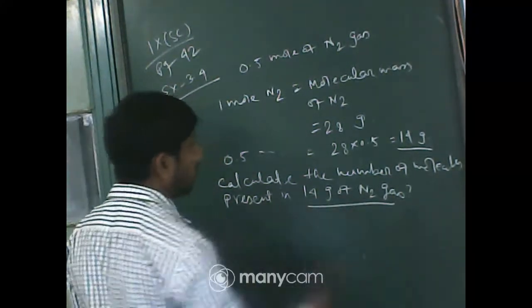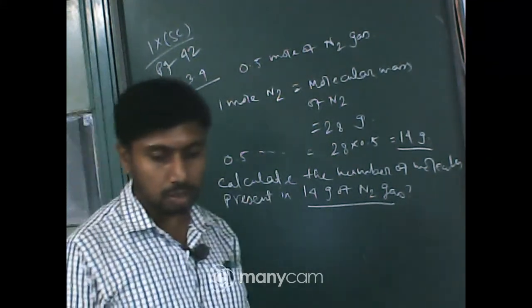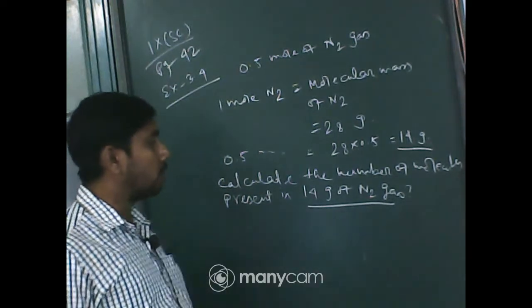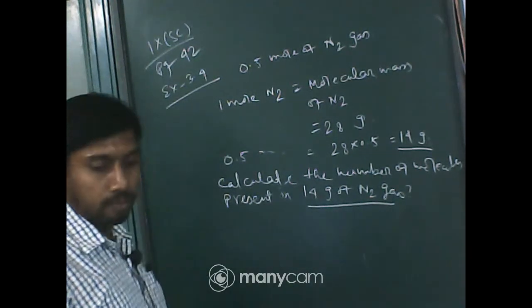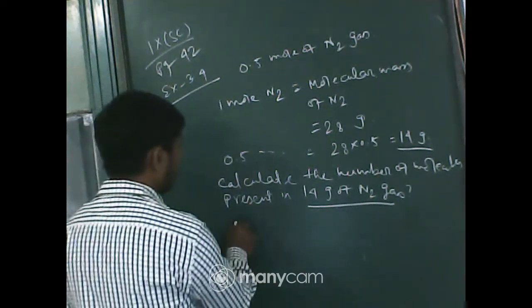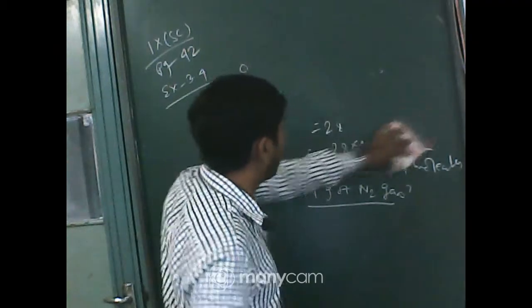So, 14 gram of nitrogen is equal to how many moles? No, it is wrong. So, you have to solve it in that manner. Okay, I am rubbing the previous problem.